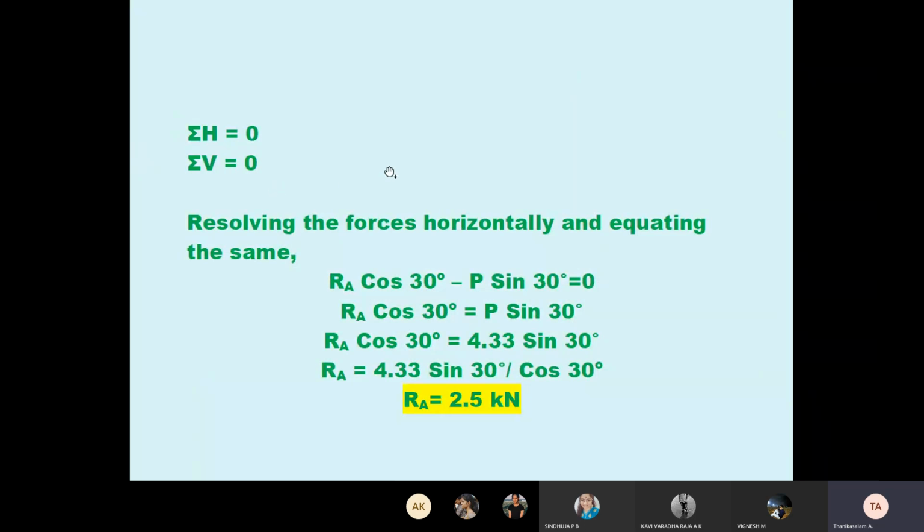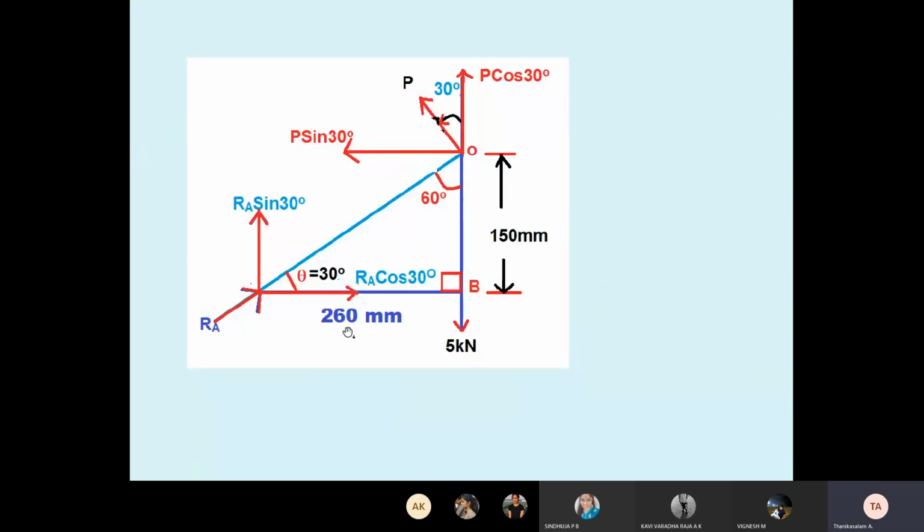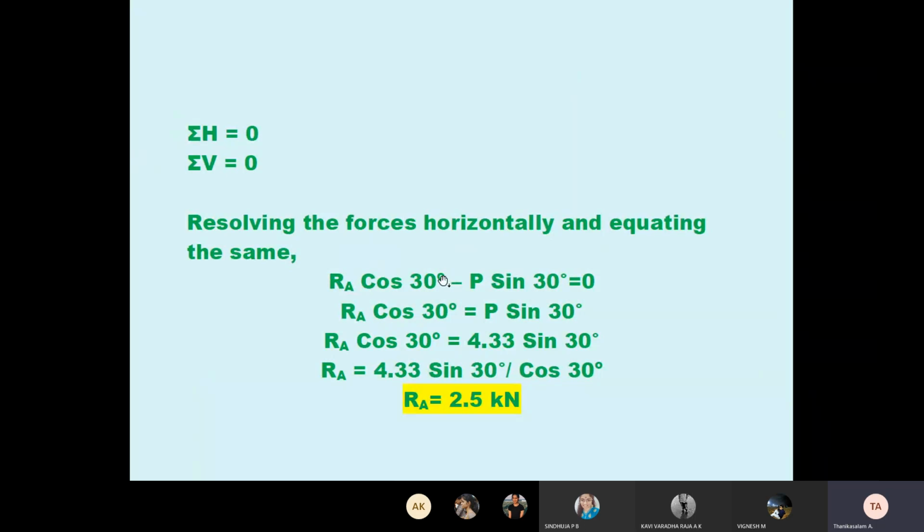Now resolve the forces horizontally. What are the horizontal forces? RA cos 30 plus, then the other one is P sin 30 minus, since the second quadrant has x negative. So horizontally, RA cos 30 minus P sin 30 equals 0. Why am I putting it equal to 0?